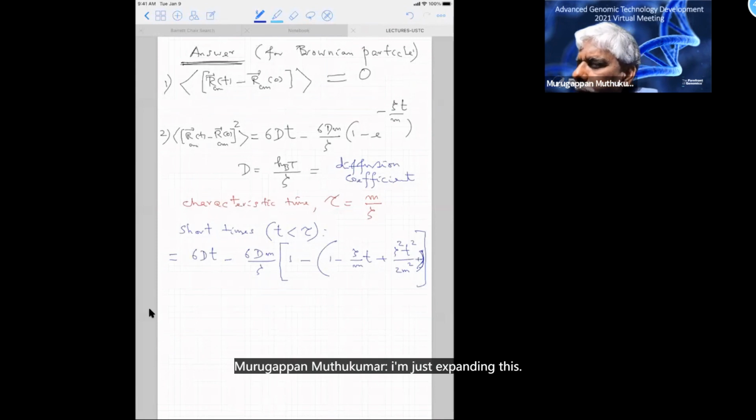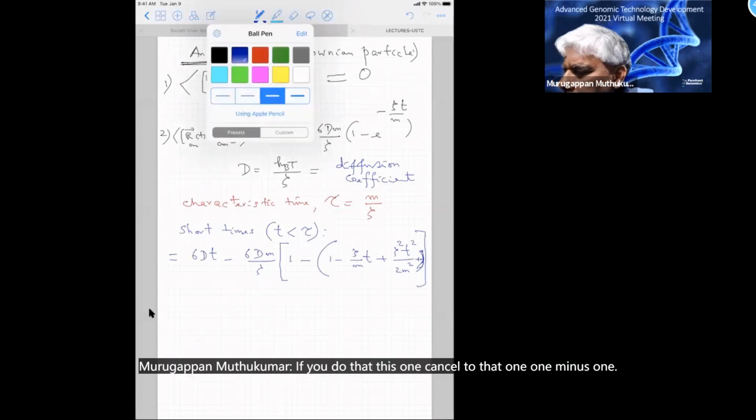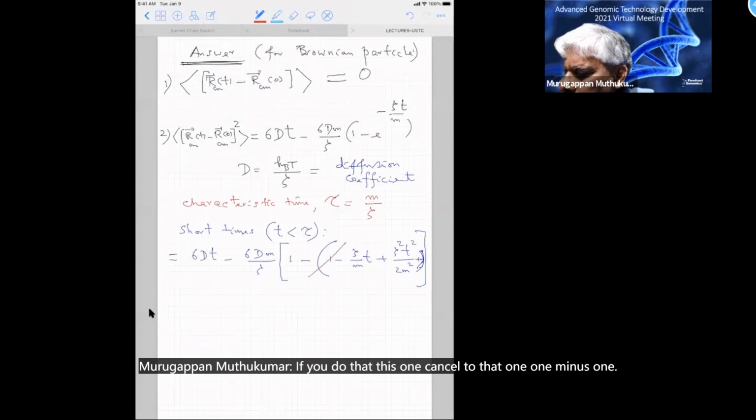I'm just expanding this. If you do that, this 1 cancels with that 1: 1 minus 1.